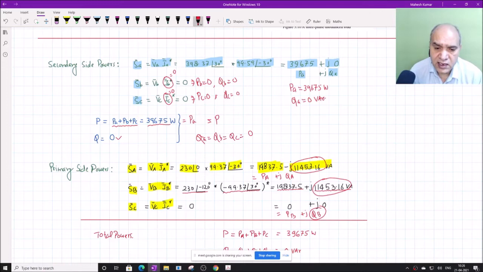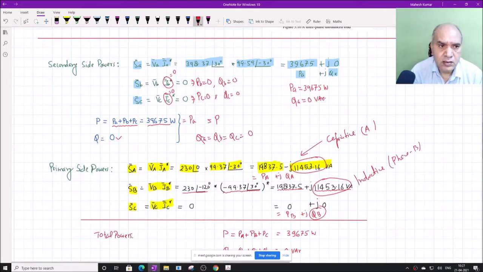The current in phase A leads, so this becomes a capacitive kind of load in phase A, and in phase B it becomes like an inductive load. I would write phase A rather than A, it will be better.